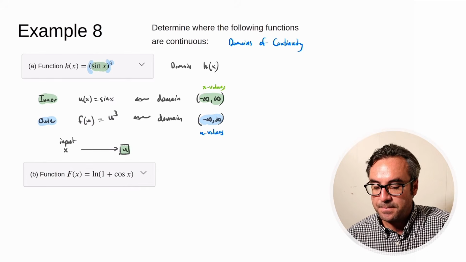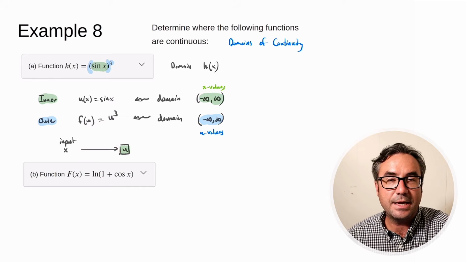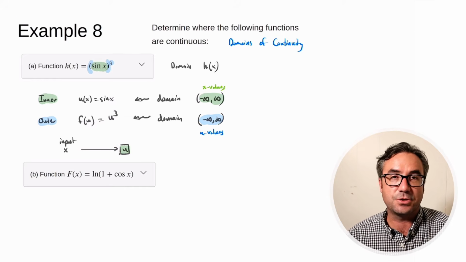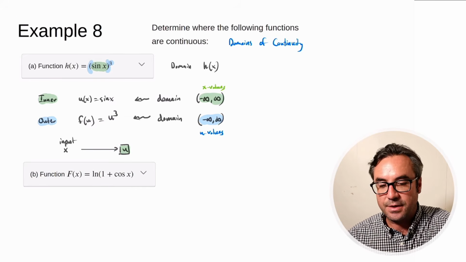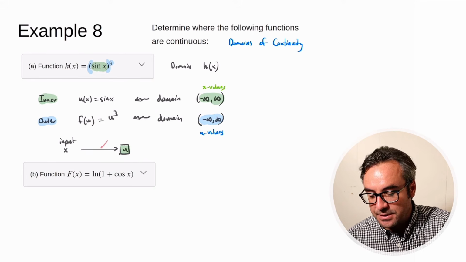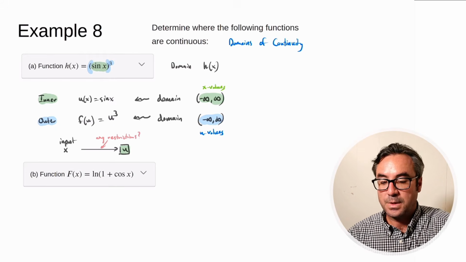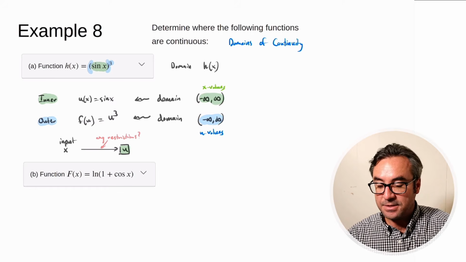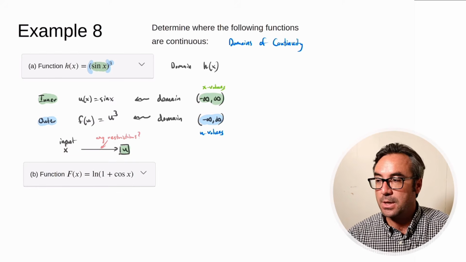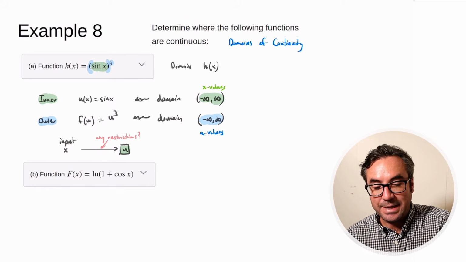At this point you want to think, is there any restriction on what x values I can actually plug in? Nope. I can take any x value and plug it into function u. No problem.